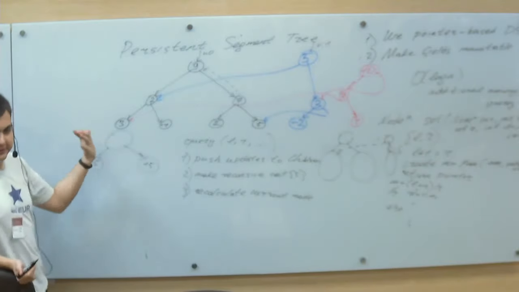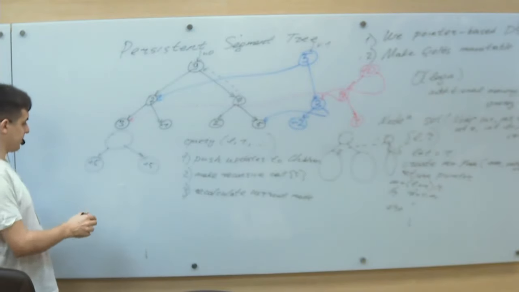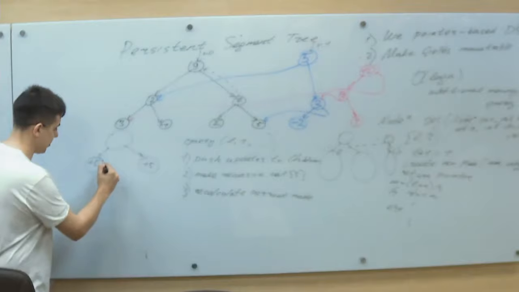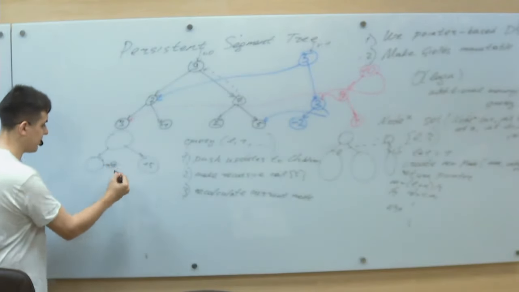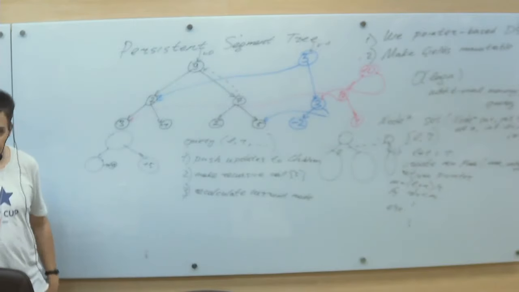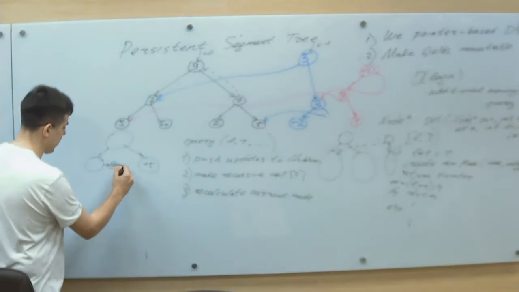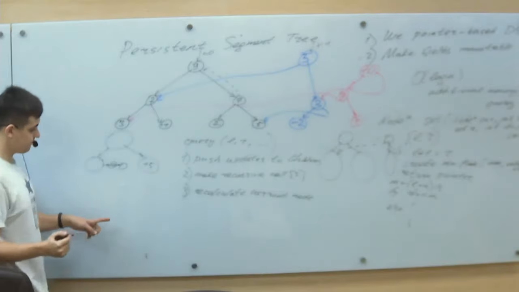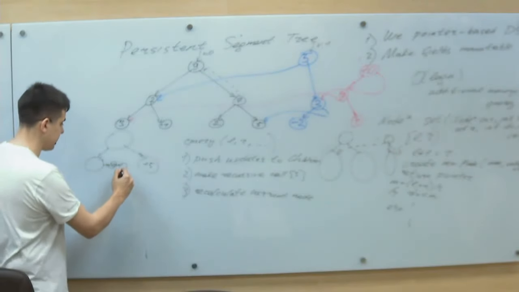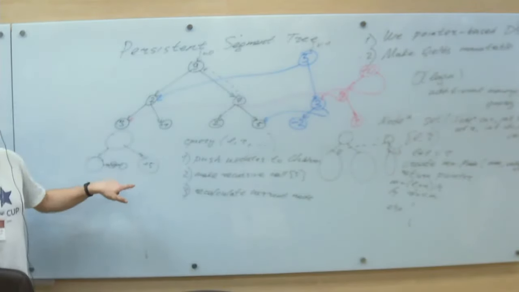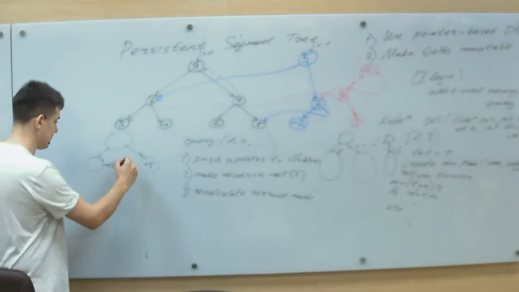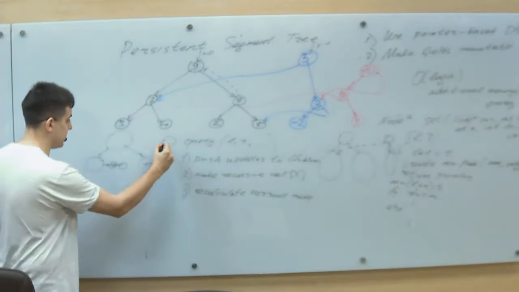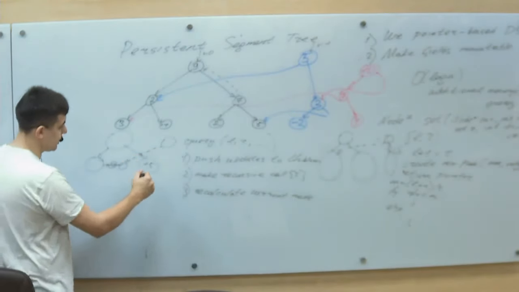Then you make recursive calls, and well, you had the old node, then you made the copy of the node that has this delayed operation +5, then you had some other copy that was returned by the recursive call. So this will be your new left child, and so on.